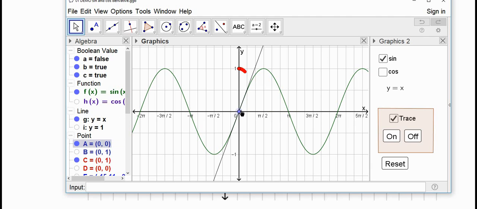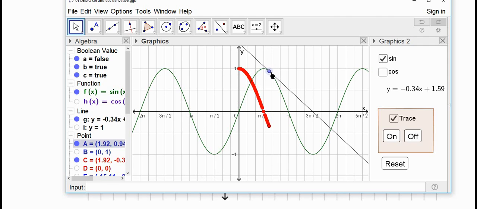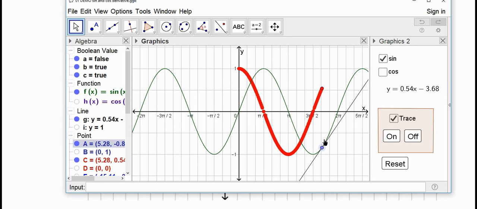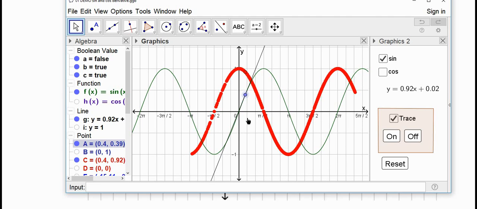We see that it started at 1. And as I drag it, it'll actually trace all of them, and take a look at what happens, as long as I don't go too fast. Yeah, it's cosine, isn't it? Very interesting. There you go.